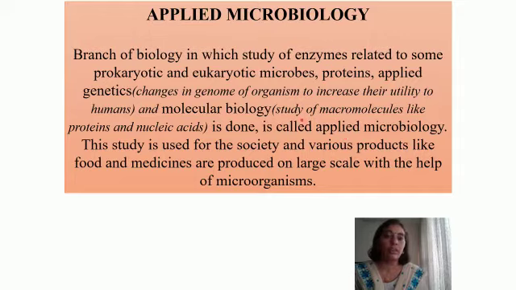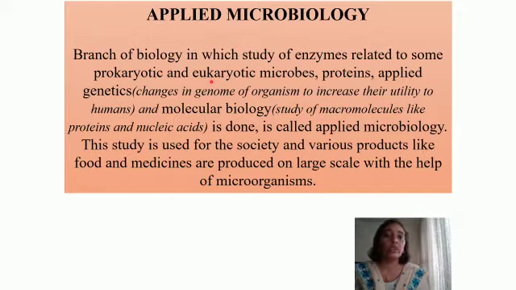Now let us take up this all one by one. So it's a branch of biology in which the study of enzymes related to some prokaryotic and eukaryotic microbes is done. So what enzymes are synthesized by eukaryotic and prokaryotic microbes is done over here. We know that cells fall into two categories, that is prokaryotic and eukaryotic.